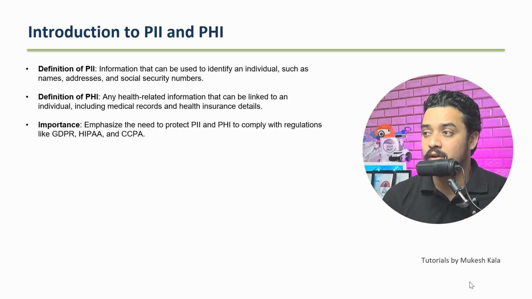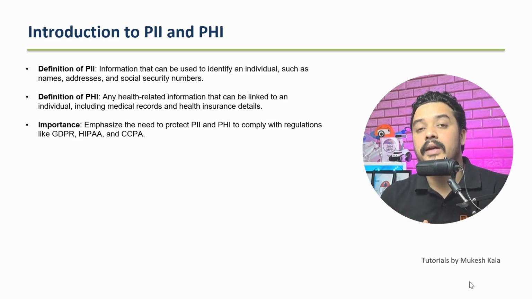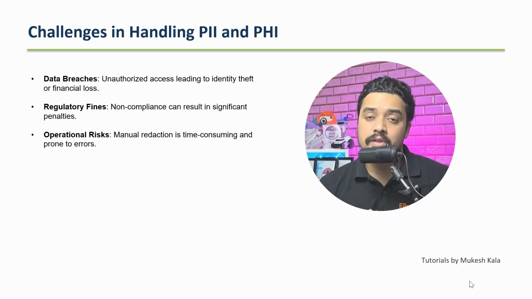Now why is this important? It is important because we need to protect the PII and the PHI to comply with global regulations like GDPR, HIPAA and CCPA. Now you might ask what happens if I do not follow the PHI or the PII filtering. The reason is very simple. I'm going to give you 3 points, but you can always think of more.